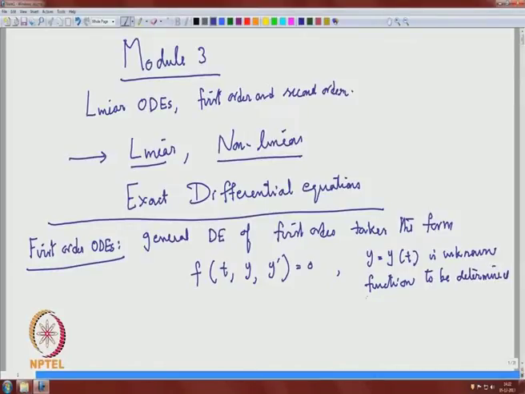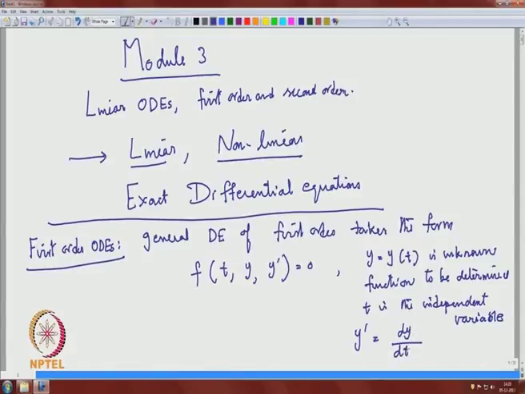And t is the independent variable. You know the meaning of independent and dependent; all these concepts are already understood in the preliminaries. And y prime I denote for dy by dt.